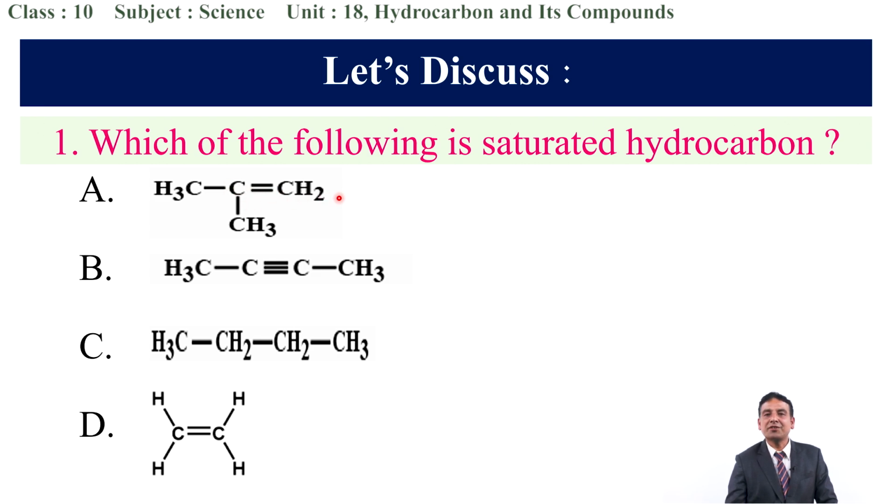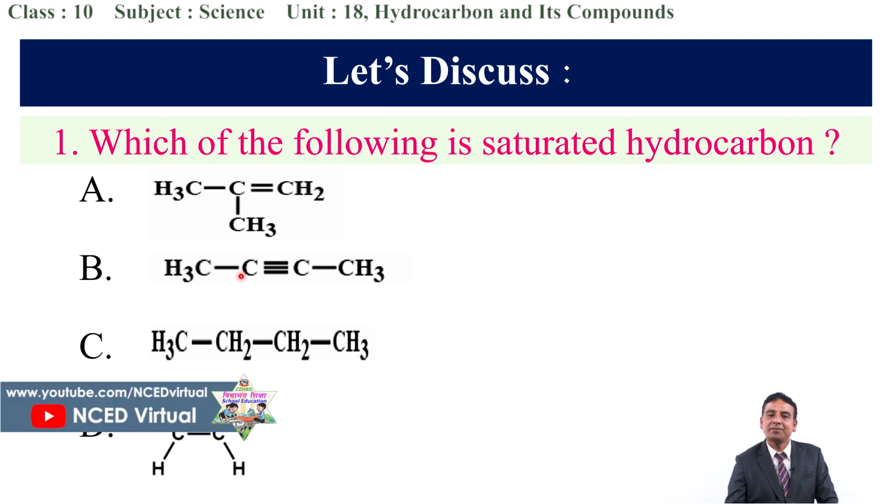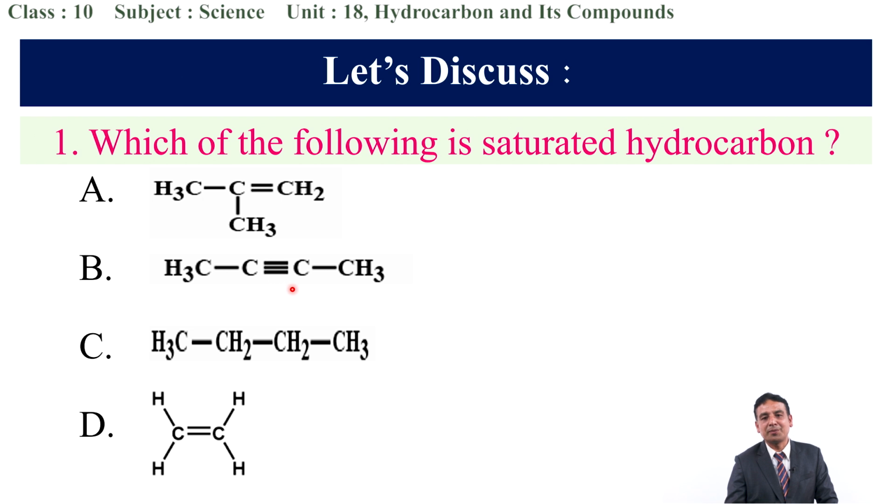So it does not fall under saturated, because a single bond should be there. In the second option, CH3 and a single bond, but in the second one you will find a triple bond. So this also does not fall under saturated.